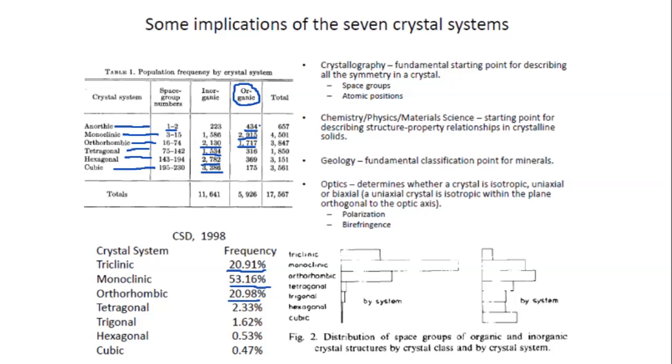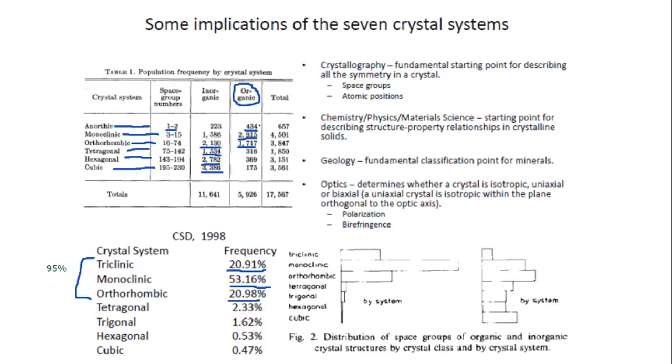So if we add up 42 plus 53, 95% of all organic structures crystallize in these 3 systems. 95%, that's big. I know it's back in 1998, which is 20 years ago, but still, 95% of every organic crystal structure was crystallized in one of these 3 crystal systems.